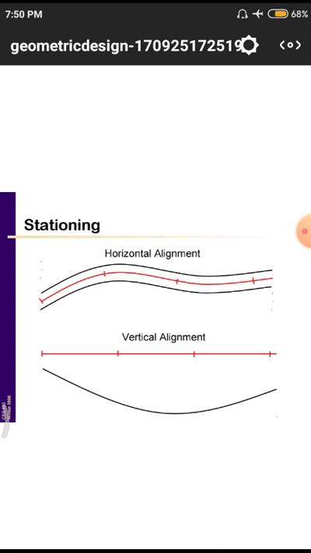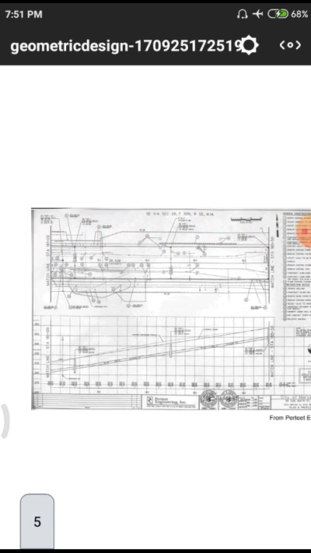This vertical alignment mainly we will observe in hilly areas. Horizontal alignment we will observe in normal sloping terrain where there are obstructions. That means in different kinds of areas we are having trees and homes and other purposes. Likewise we are having different obstructions. To overcome those obstructions, we have to design the road in different alignments: horizontal alignment, vertical alignment.